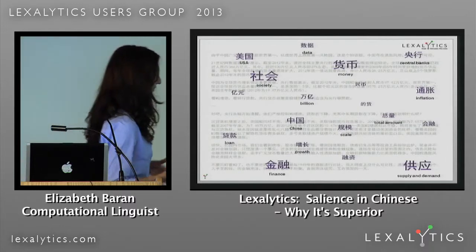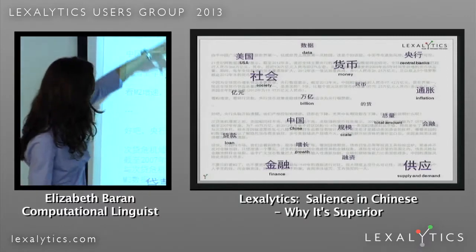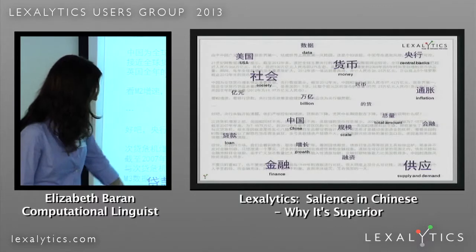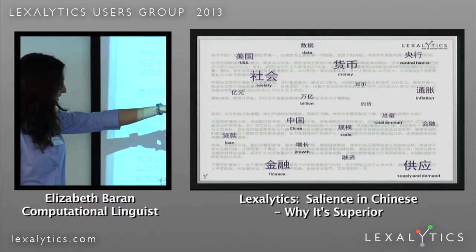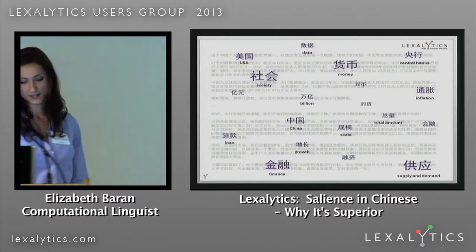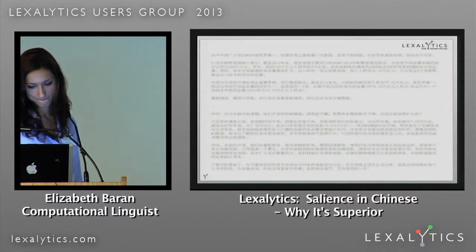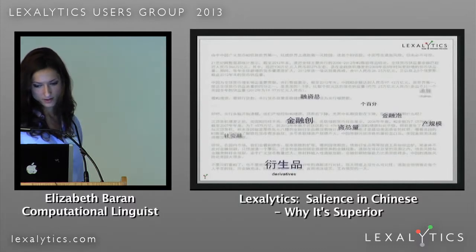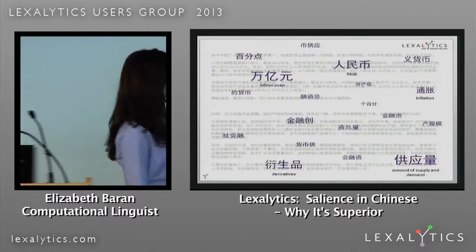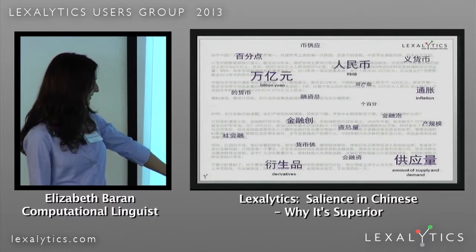Okay, so here we get more informative words. So we have China, society, money, data, USA, finance, supply and demand, inflation, total amount, scale, central banks. Okay, and then 3 grams. Not as many words here, but you still get renminbi, billion yuan, derivatives.